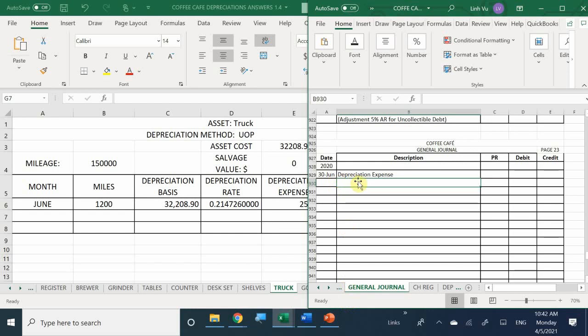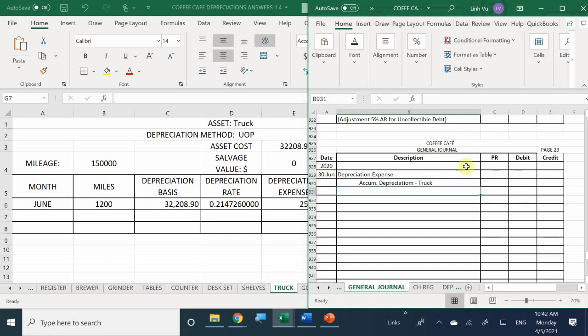Accumulated depreciation truck. Yes, excellent. So I'm going to do accum for short, depreciation dash truck. Now all of these are located directly under each asset account. So whatever the truck is, the accumulated depreciation for the truck should be right under it.